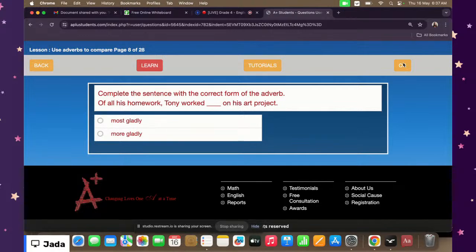Now, of all his homework, Tony worked dash on his art projects. So which one? Most gladly or more gladly?